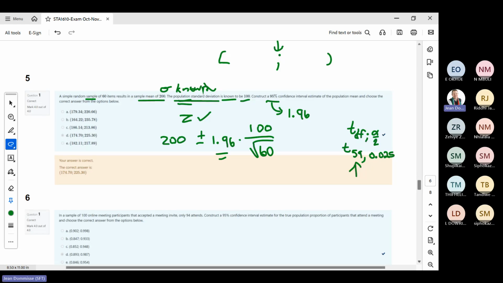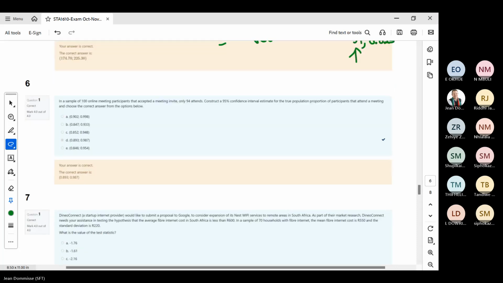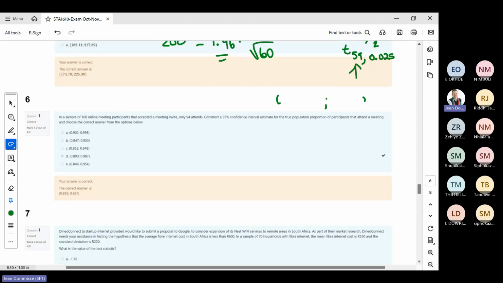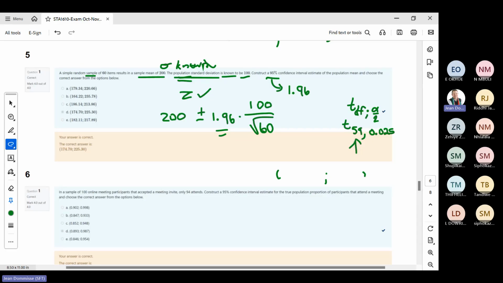So even with the proportion confidence interval, always two-tail. And so again, always two-tail. And something else that you guys can check, and it normally should work out like that, is the mean of 200 here will be in the middle of those answers.